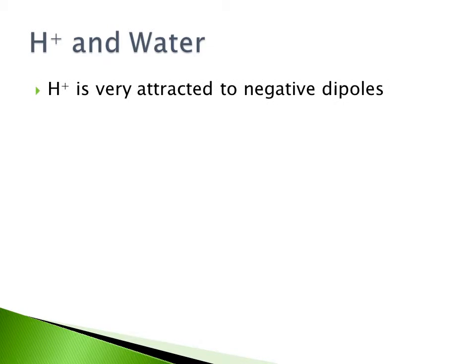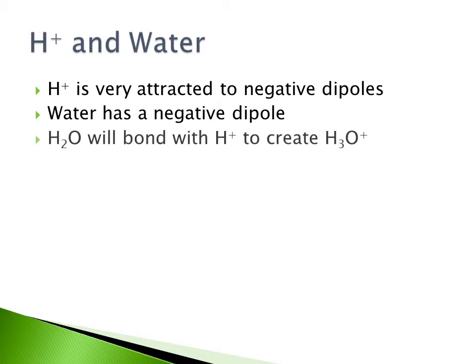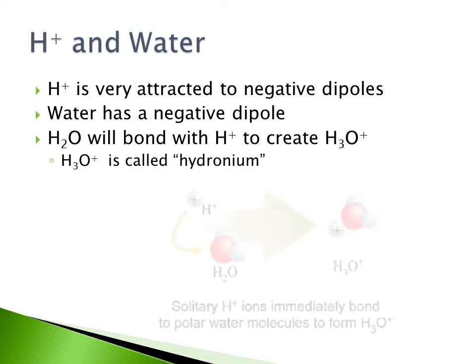An H plus is very attracted to anything that has a negative charge or negative polarity. The molecule water has a negative dipole, or a slightly negative area, and so the positive charge on that hydrogen is very attracted to it.